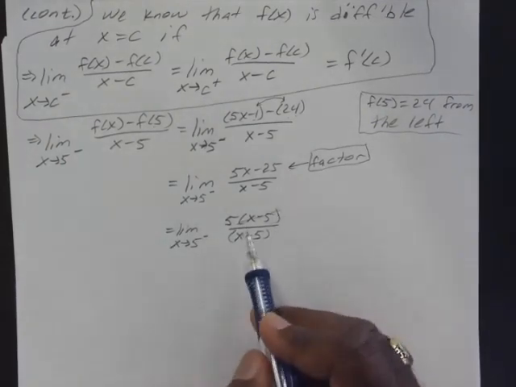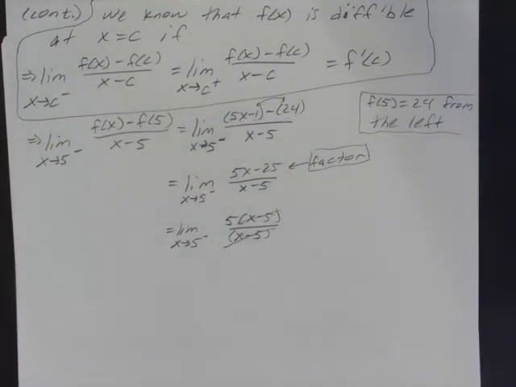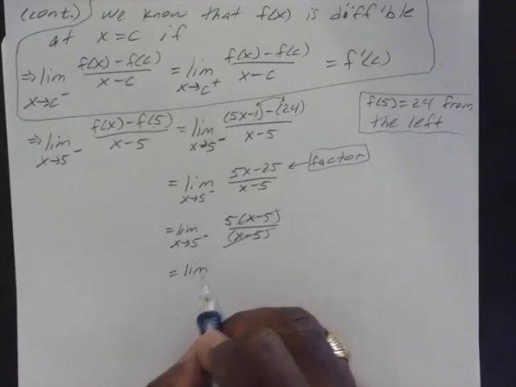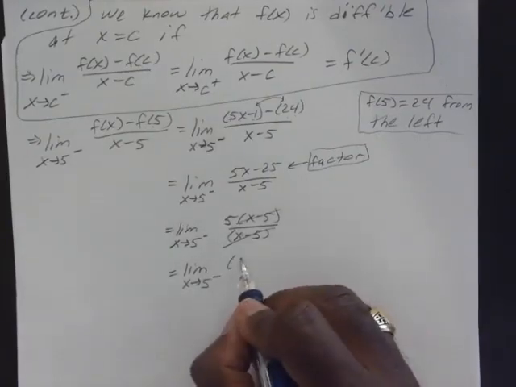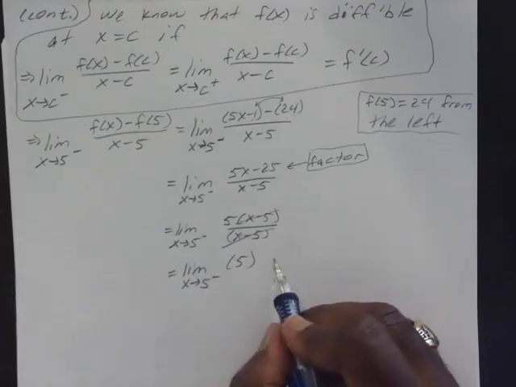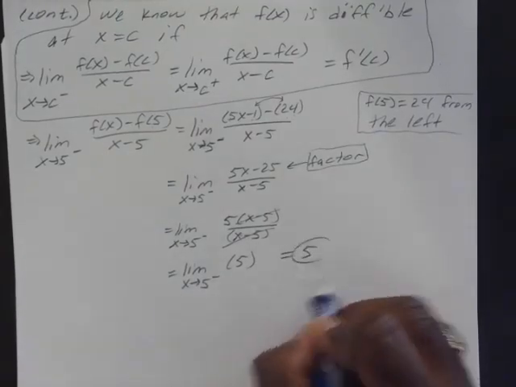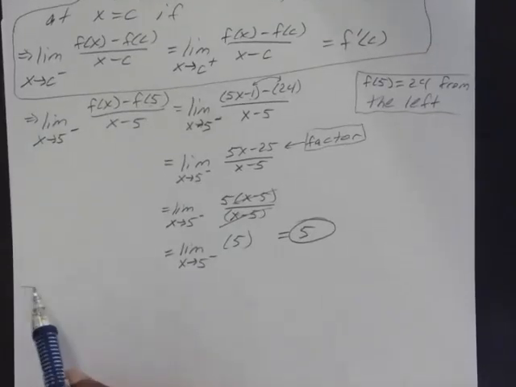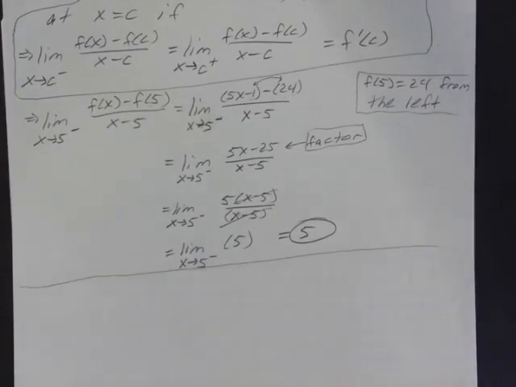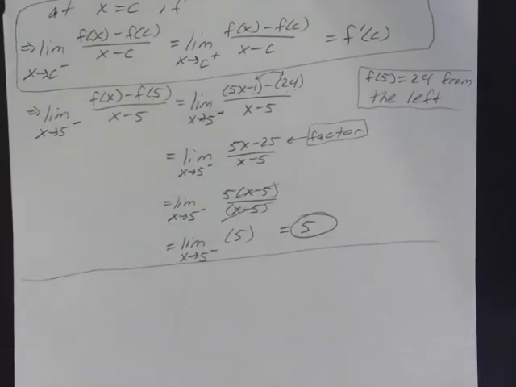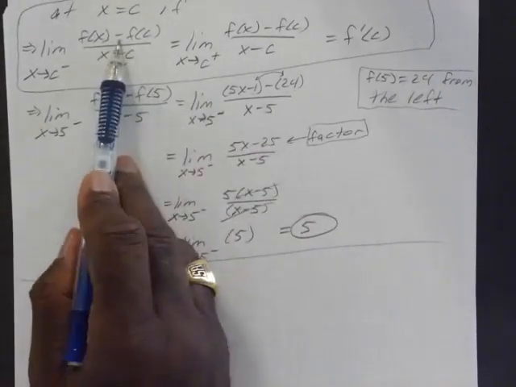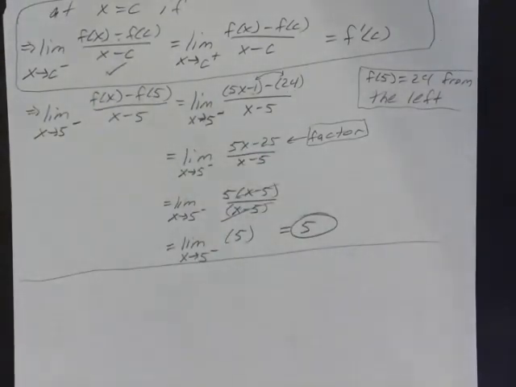Anything divided by itself is always going to give us 1, so this just becomes the limit as x approaches 5 from the left of 5, which is 5. Okay, so we're done with this part as x approaches 5 from the left.